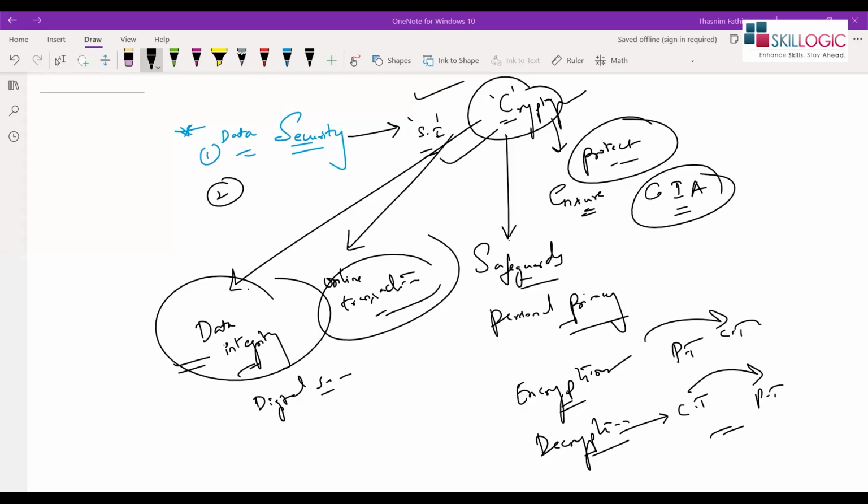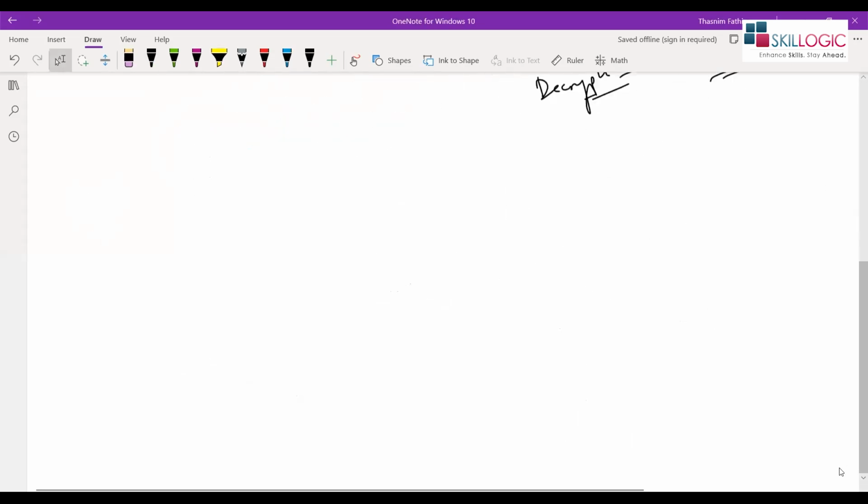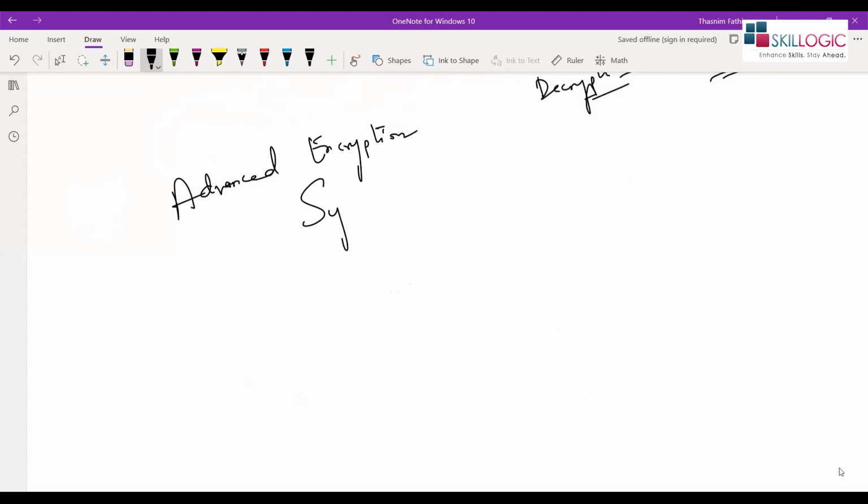One of the best encryption standards is AES, the Advanced Encryption Standard. It is the best because till now we have not seen a single successful attack on AES.